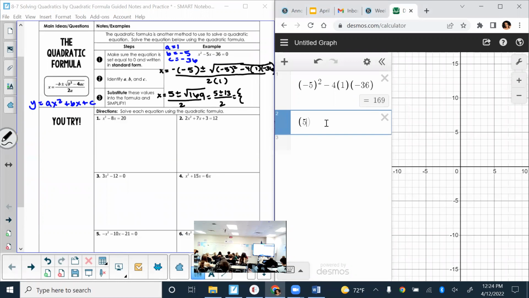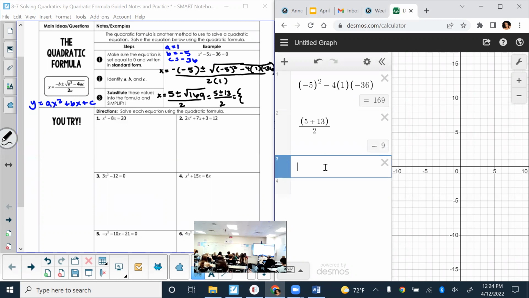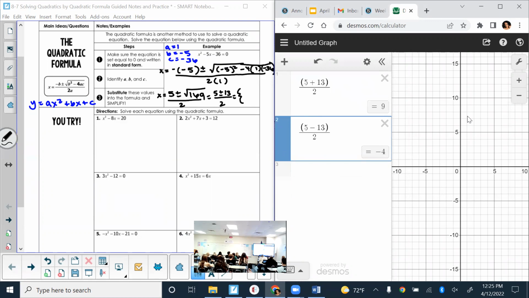So first we do the 5 plus 13 divided by 2. And then what should the other one be? 5 minus 13 divided by 2. And there's my two zeros or roots, solutions, whatever you want to call them. Does that make sense? Any questions?